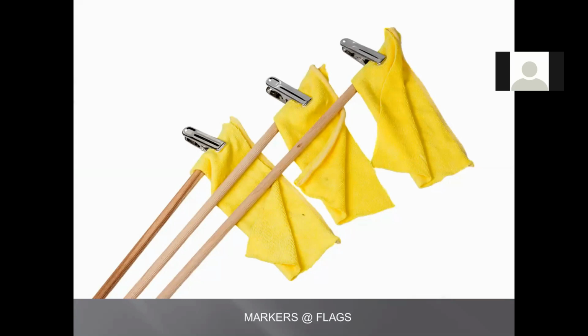Then I take these markers, like improvised flags or something, to stick them in the place where I found the interesting motive. And then you have the opportunity to choose between maybe one or more subjects that you will shoot.